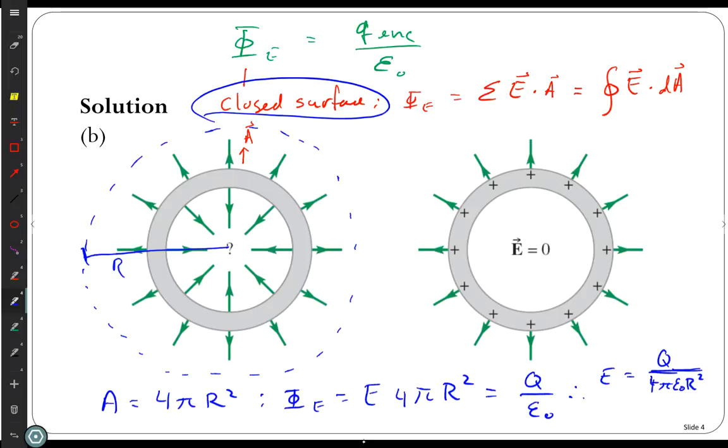Now I rearranged it a little because we defined the constant K as 1 over 4 pi epsilon 0. And so this is the same as E equals kQ over r squared. You've seen that equation. That was the equation for the strength of the electric field due to a point charge.